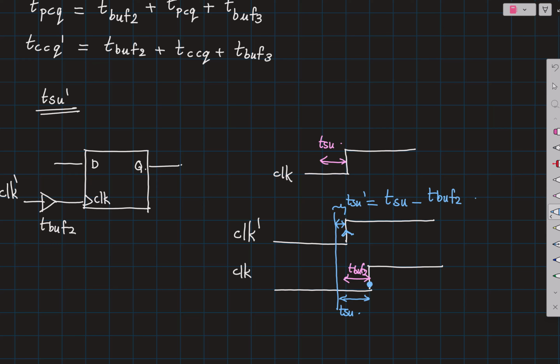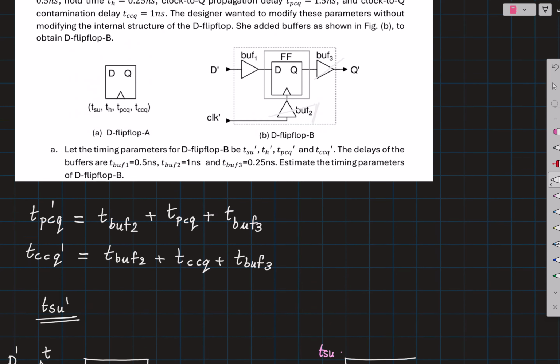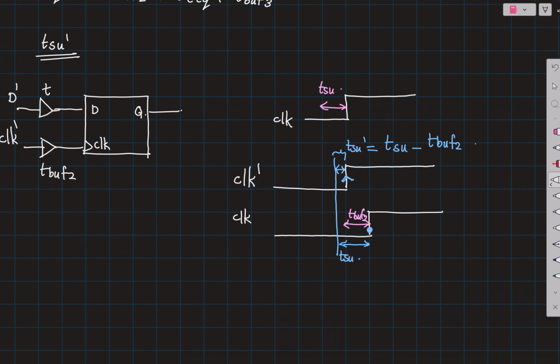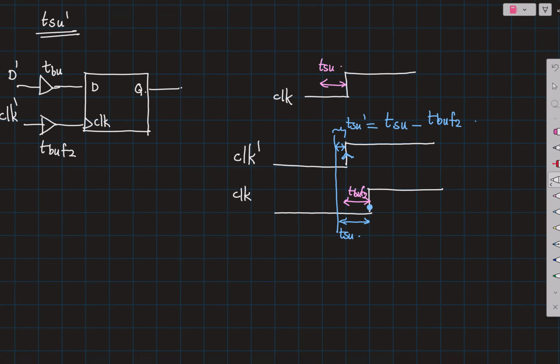Okay. Now let's say I add one more buffer in the data path and I call this D dash, and this has a delay of T buff 1. So you want the D pin to be stable at this point.